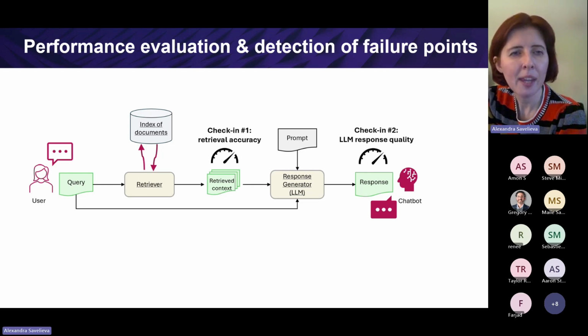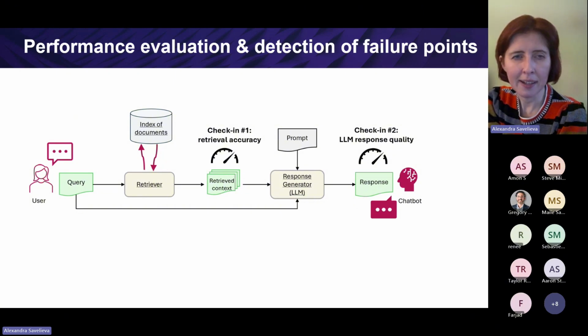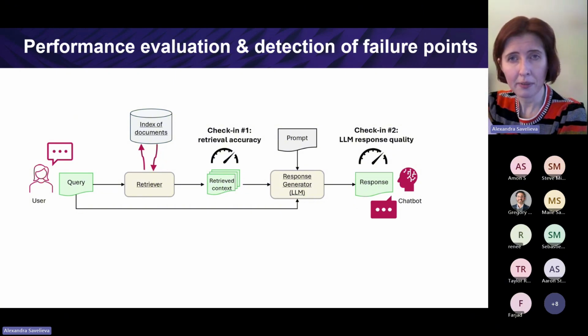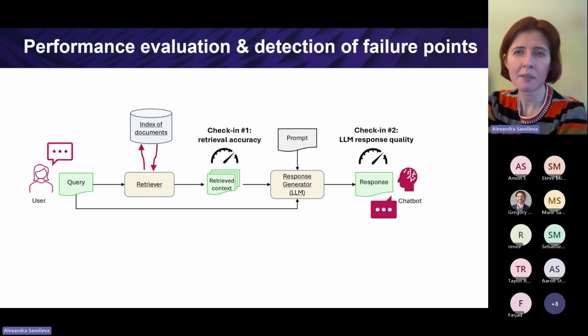Okay, so now that we have talked about building basic RAG and we've discussed preprocessing, the big question is, how good did we get, right? And this is something you need to evaluate, not just one-off, but regularly. Why? Because as we discussed, the underlying data is changing.